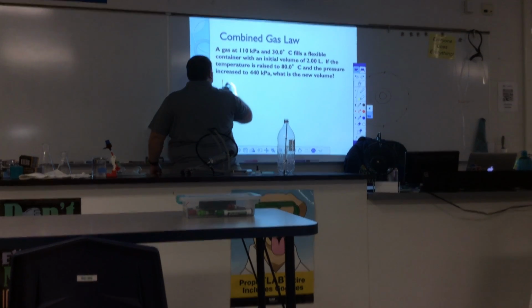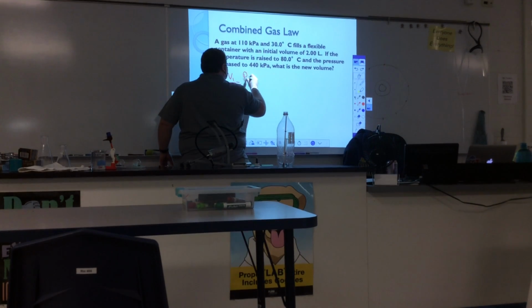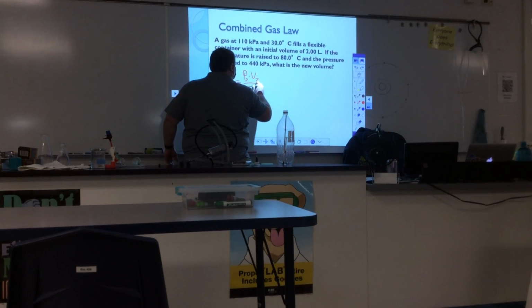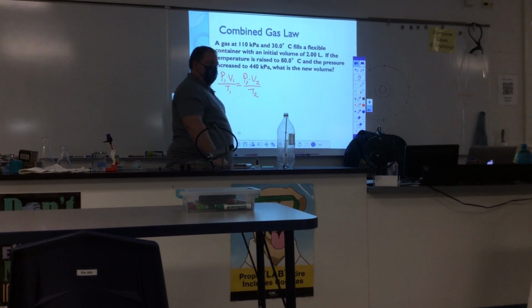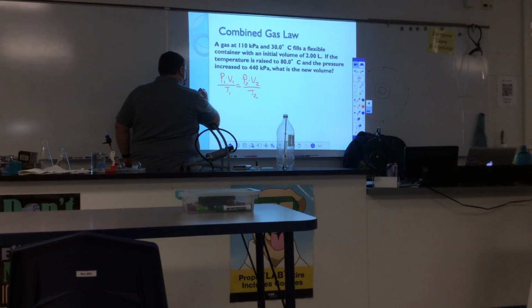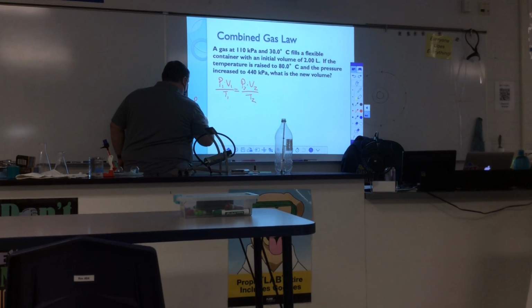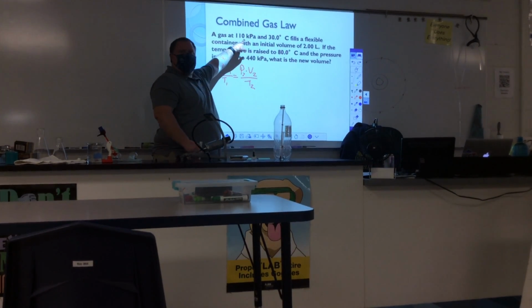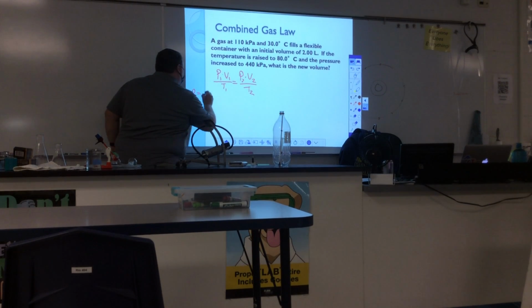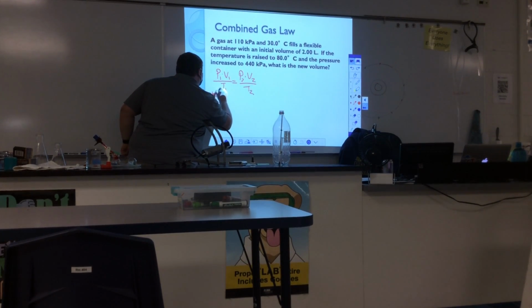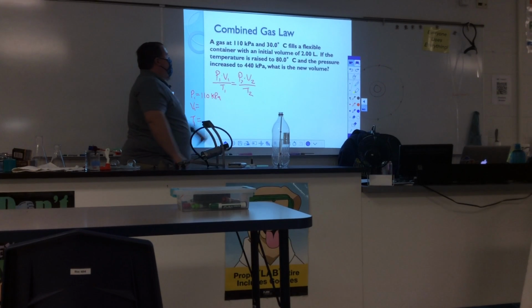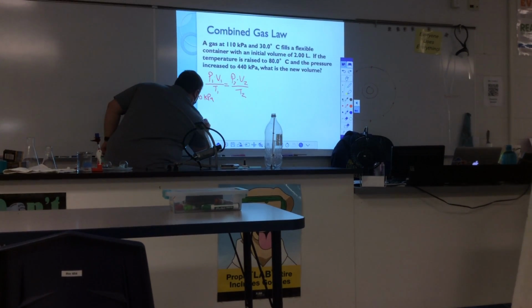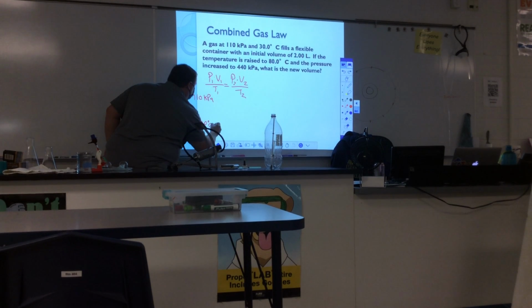We know this is combined. We got P1 times V1 over T1 equals P2 times V2 over T2. So we're dealing with P1, V1, T1. Let's start with that. Gas is 110 kilopascals. That's P1, 110 kilopascals. 30 degrees Celsius, that's T1, 30.0 degrees Celsius.